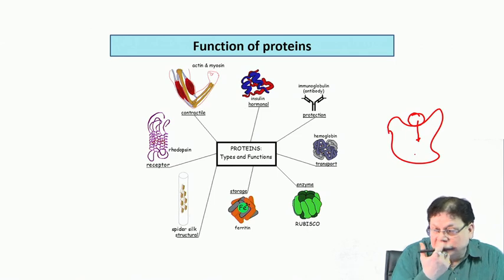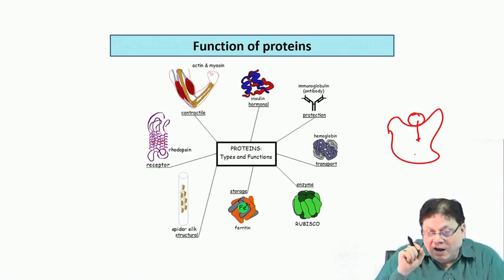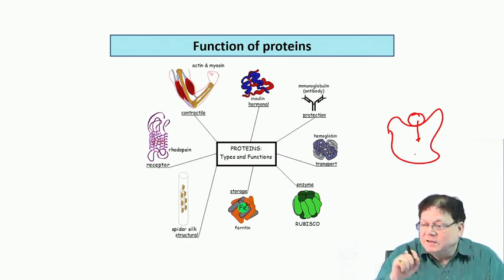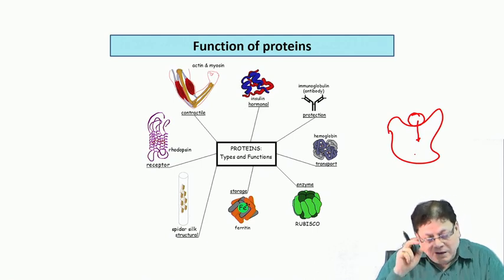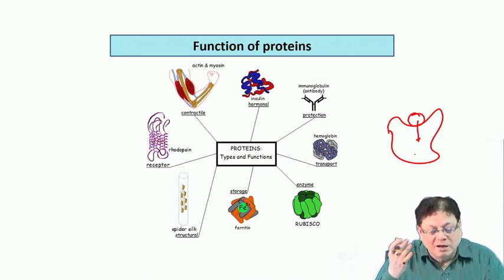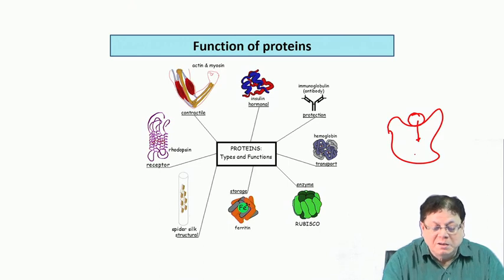Rhodopsin is the protein present in our eye, and when light falls on it, there is a change in the structure. Light falls, that is energy, it disrupts the structure of the rhodopsin, and that creates a signal, and finally we see it, the signal is processed in the brain and we see the image.